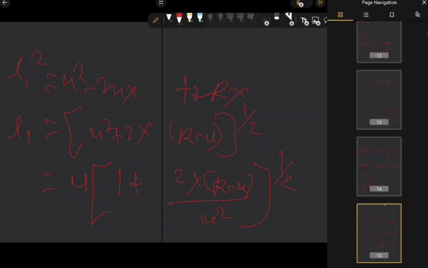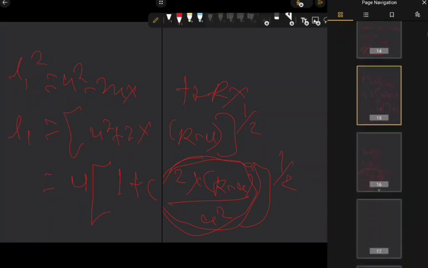You have taken basically u out of the square root. Now x tends to 0. This expression will be much smaller than 1. So as it will be much smaller than 1, we can apply the binomial approximation.